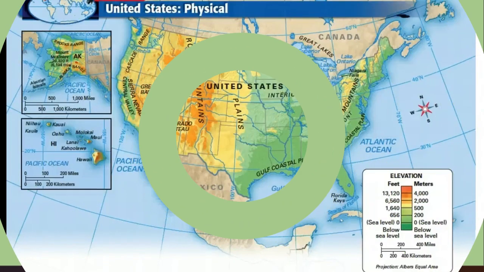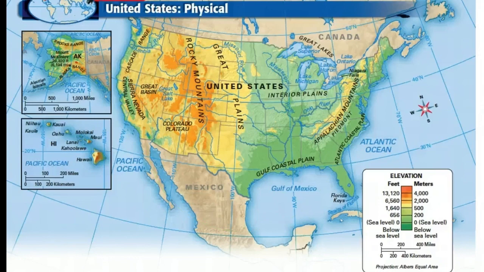The United States is very large and has a variety of landscapes. It has Canada to the north and Mexico to the south. Because of its size, it is divided into 3 regions: the East and the South, the interior plains, and the West.